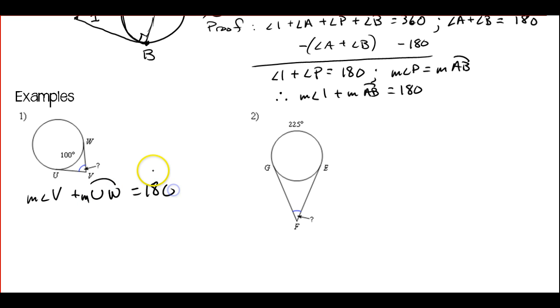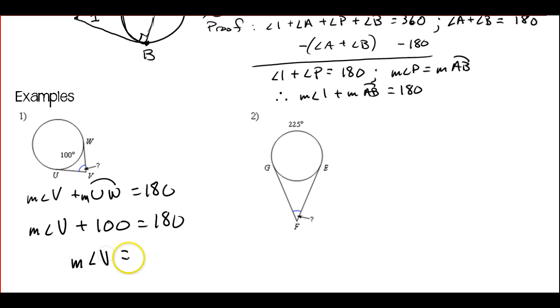That's what our theorem says, that the tangent angle plus the minor arc associated with it is 180. So then I get the measure of angle V plus 100 is equal to 180. Therefore, the measure of angle V is equal to 80. All right, so I'm showing all the work, but it's fairly obvious that those two have to add up to 180. Once you use this a couple of times, you'll get better at it.